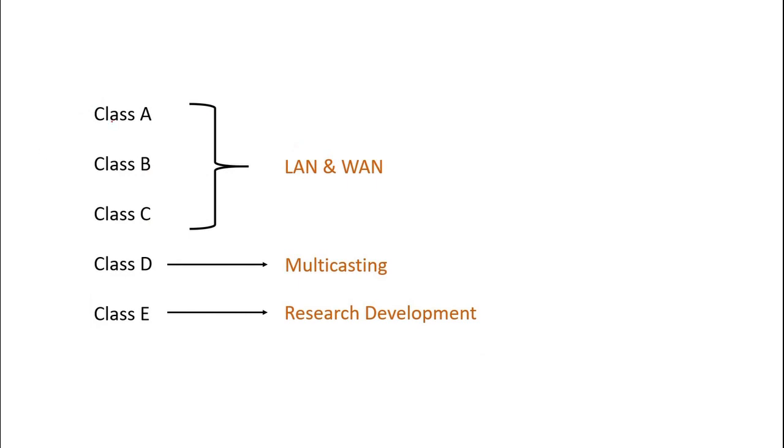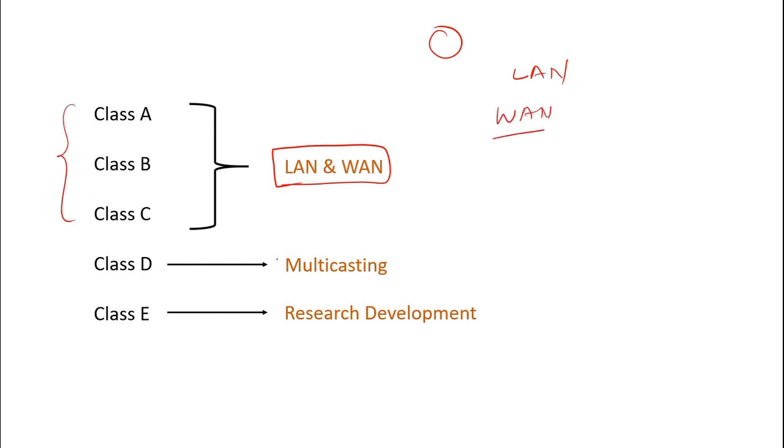Based on the uses, class A, class B, and class C are normally used in LAN and WAN. We have already discussed local area network and wide area network. So only these IP addresses are used for this purpose.